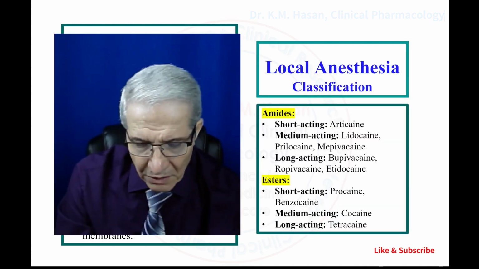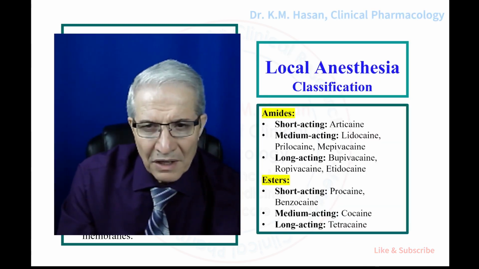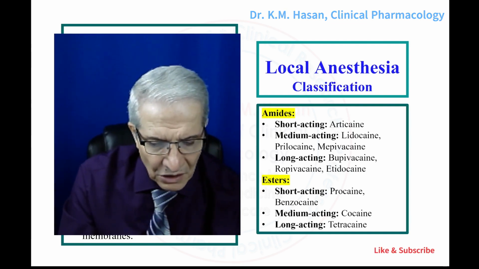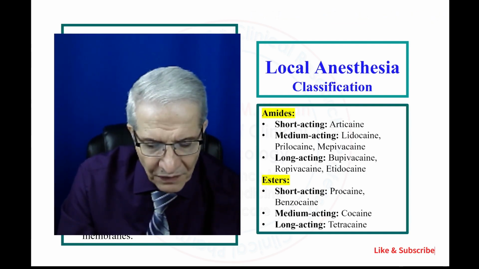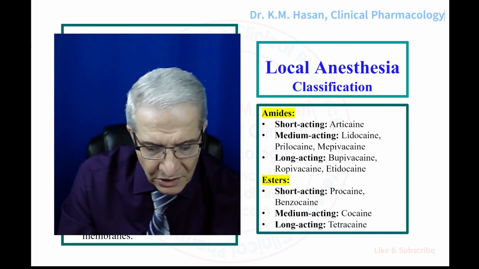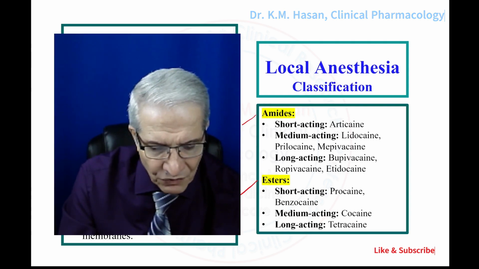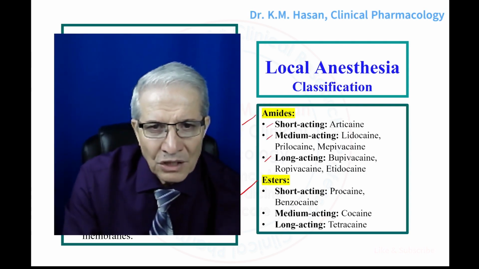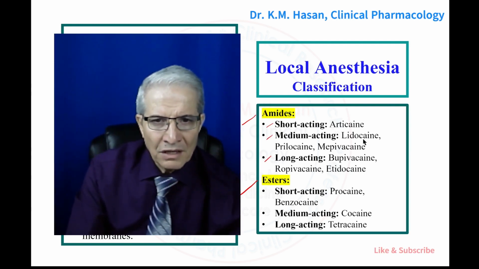Okay, so here we have the classification of local anesthetics. As you can see, local anesthetics are classified as amide or ester. For amide, we have short acting, medium acting, and long acting. For short acting, we have articaine.